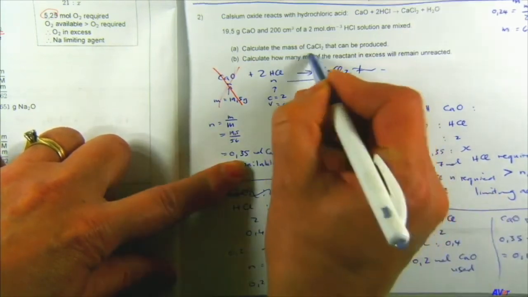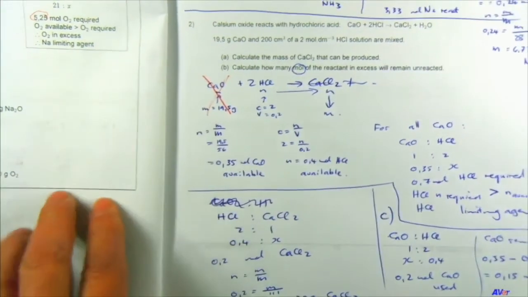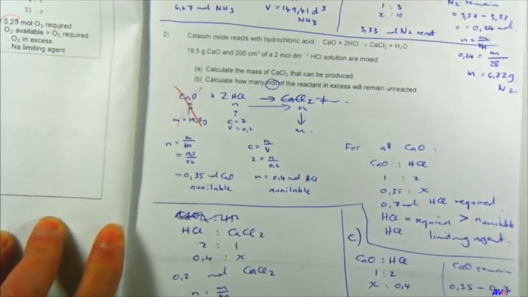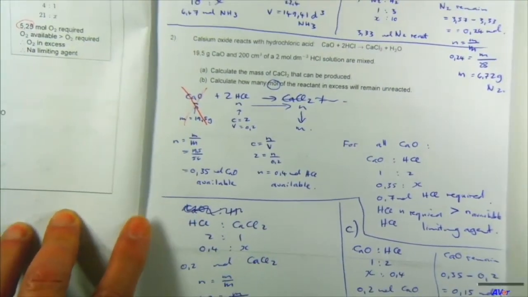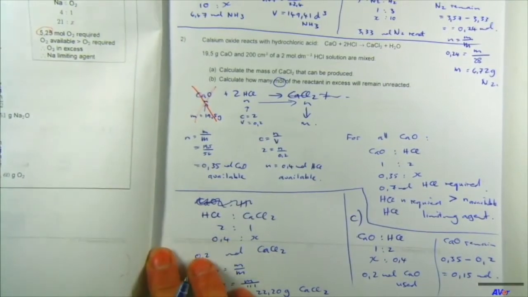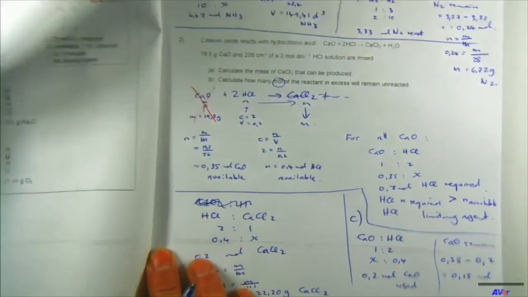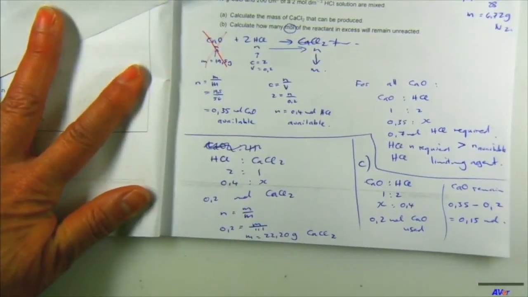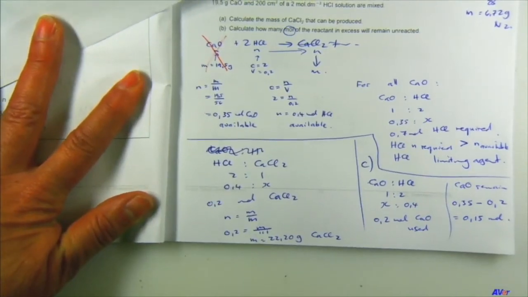And they just wanted it in moles, so I don't have to convert that. Let me make it a little bit smaller. Can you still see that at the back? Right. So this is the grade 11, a little bit more difficult things.